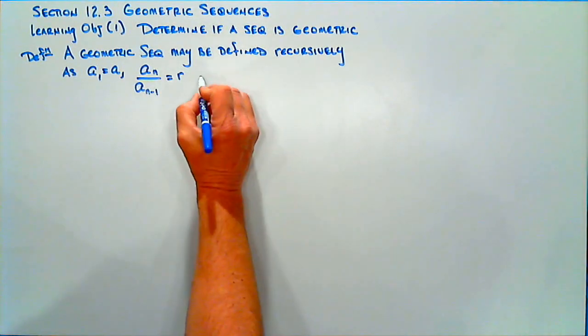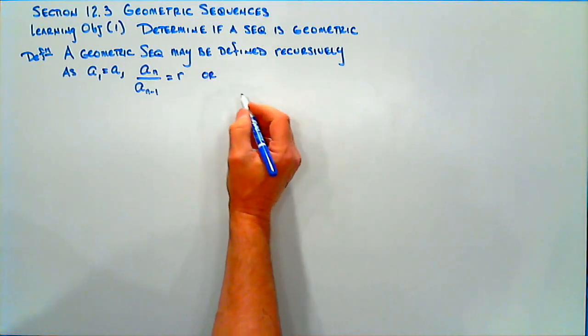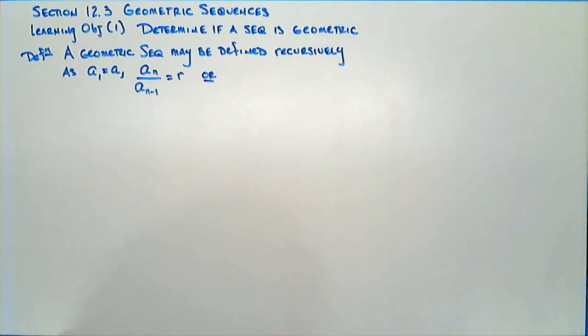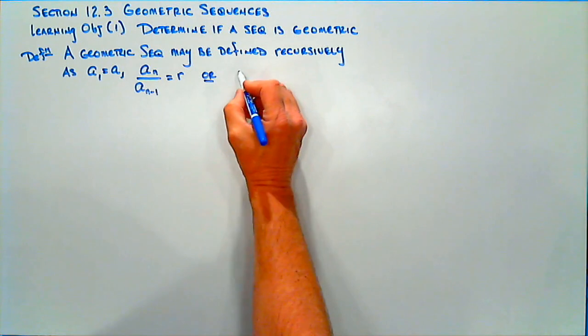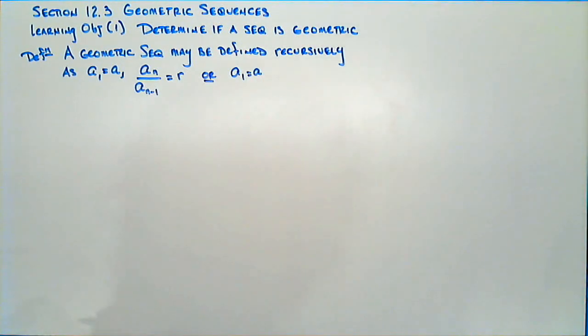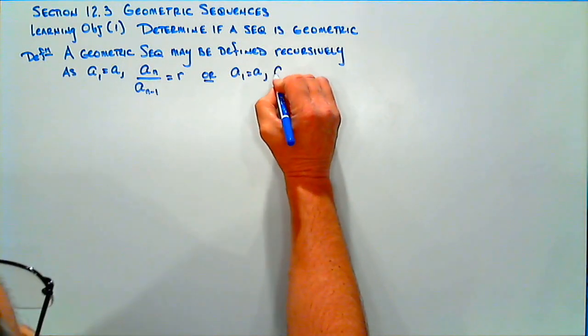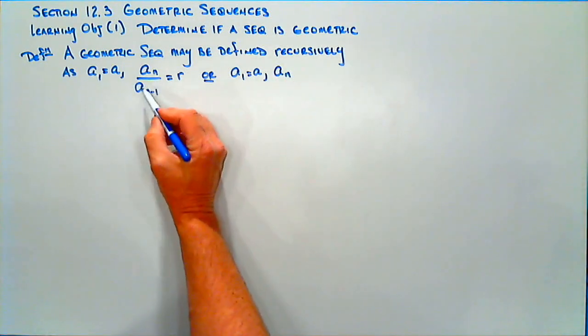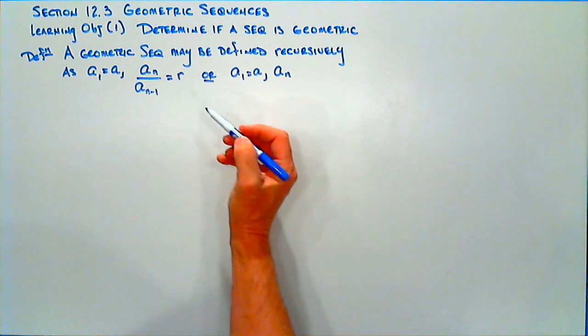Now, there's another way we could write this, right? There's a second way we could write this, just like there was with the arithmetic. Instead of saying this, we could say, all right, my first term is A, and then my nth term. We're going to do a little algebra over here. We're going to move this up here to this side.